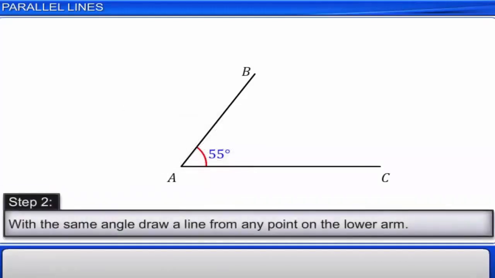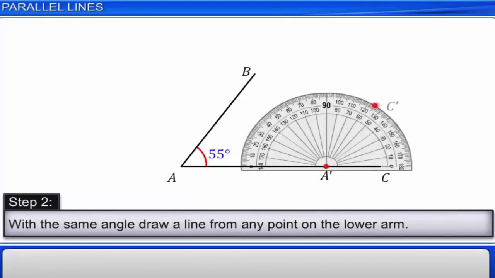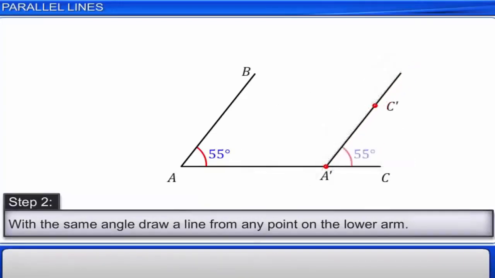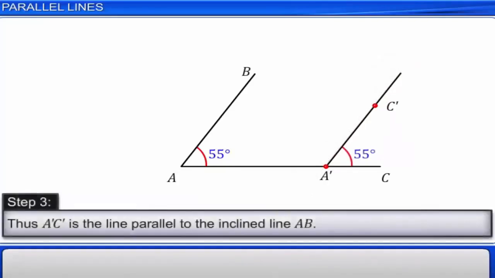Now, with the same measurement, draw a line A'C' as shown. Therefore, the line A'C' is the line which is parallel to AB.